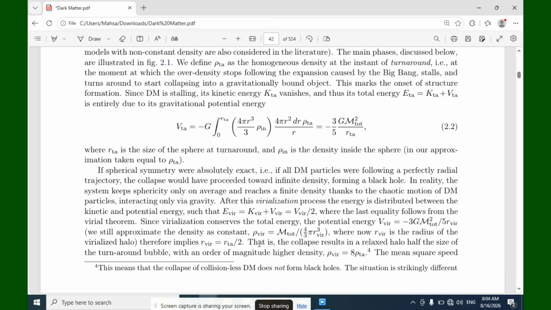Since virialization conserves the total energy, the potential energy V virial is equal to minus 3 G M total squared divided by 5 R virial.